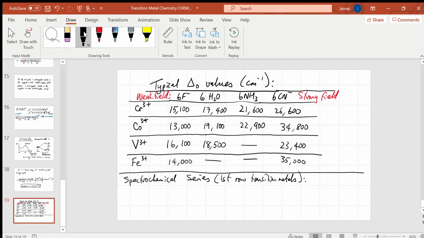So let's see. We would have, get my black pen back, the ones I have at least, iron 3 clearly splits the field less than chromium 3.